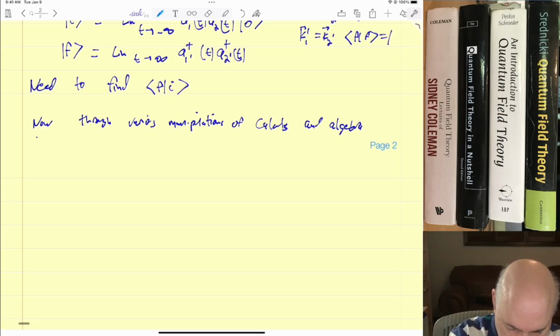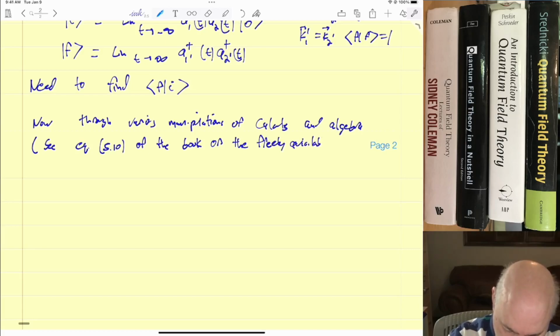And I'm not going to show it here, just see equation 5.10 of the book, or the freely available online draft.